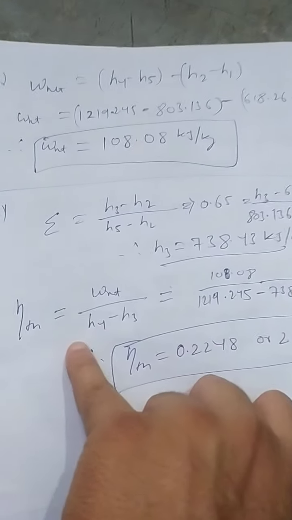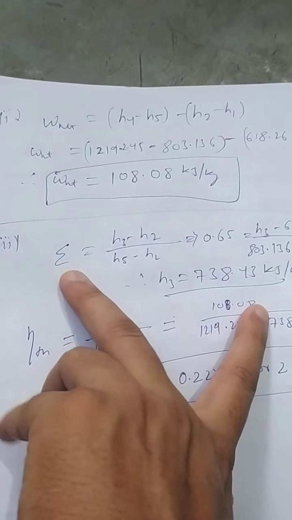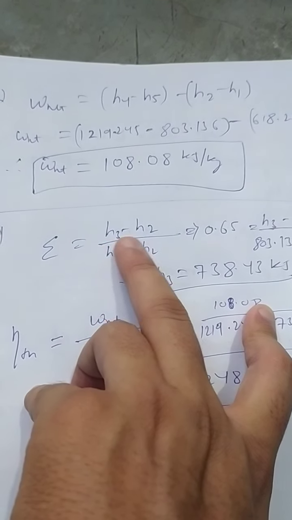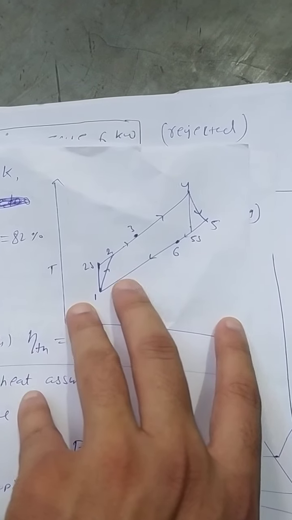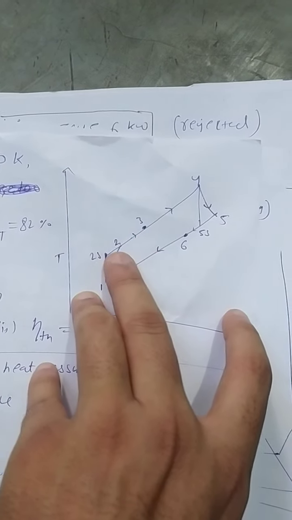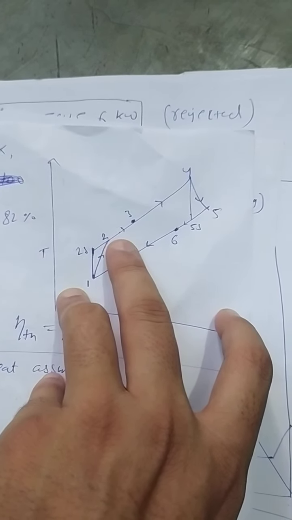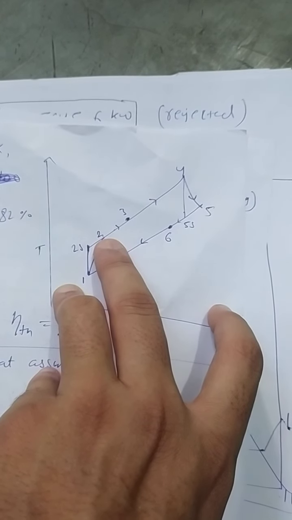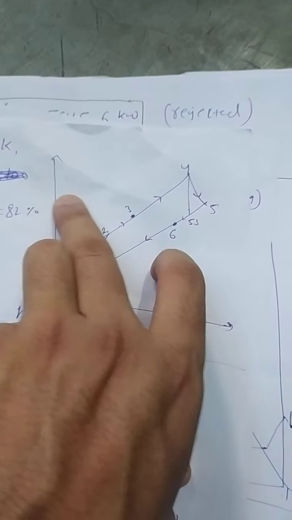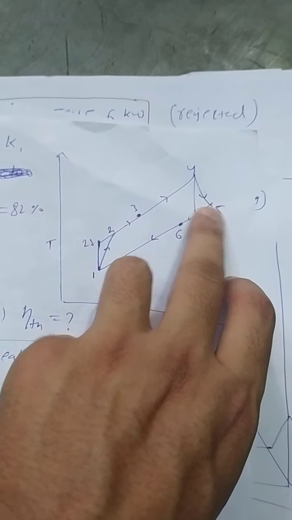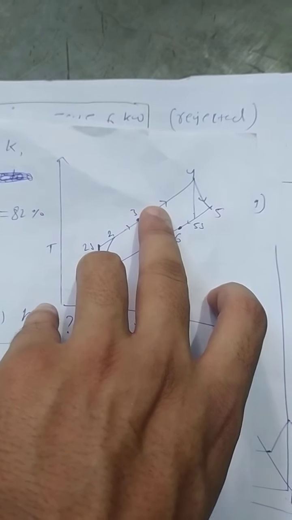So first we have to find the h3 value. We don't know the h3 value, so the effectiveness is equal to (h3 minus h2) divided by (h5 minus h2). From here we can see that at maximum the air coming out of the compressor can be heated up to 5, that is T5. T5 temperature is more than T3, so in the ideal case it can be heated up to T5.